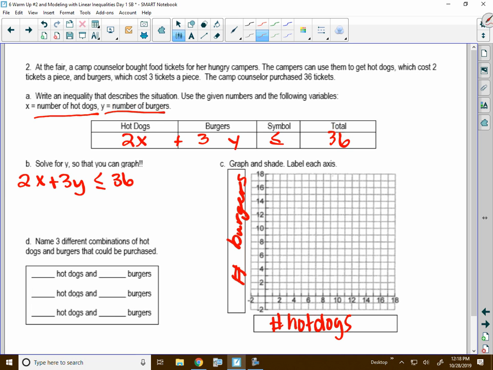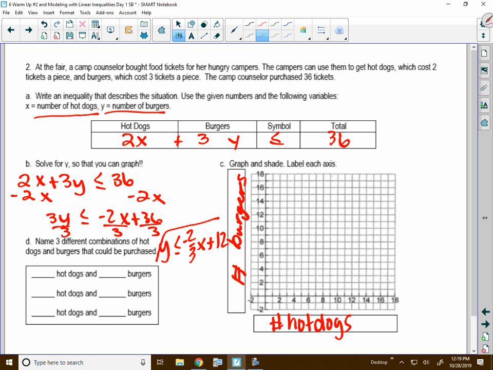Okay, in letter B, rewrite your equation and solve for Y. Go ahead and graph, see if you can get your shading and your correct line drawn on that horizontal plane.